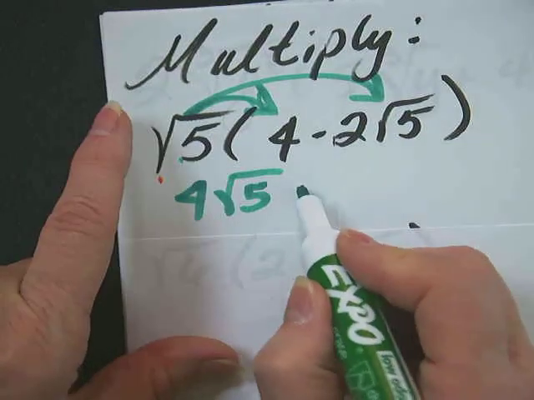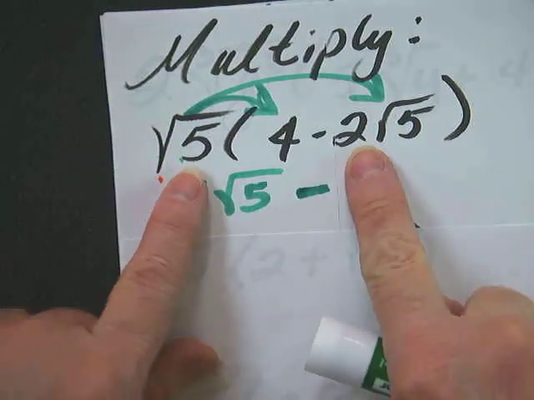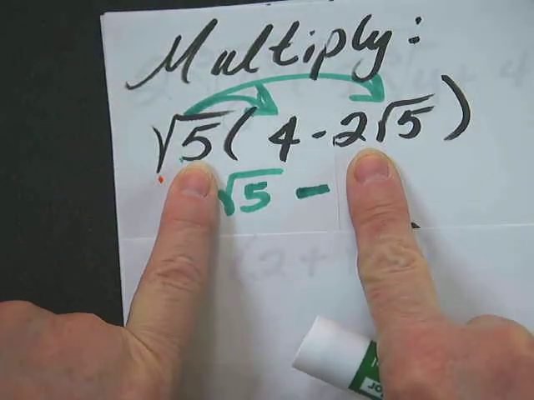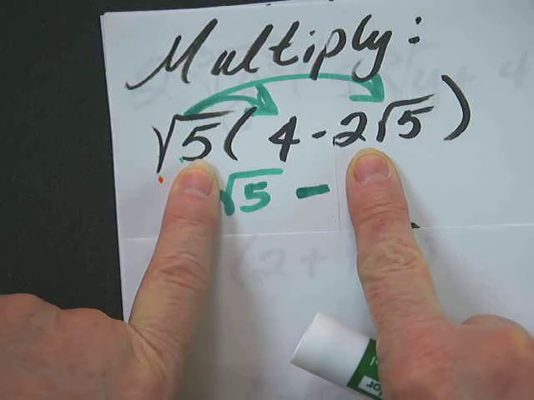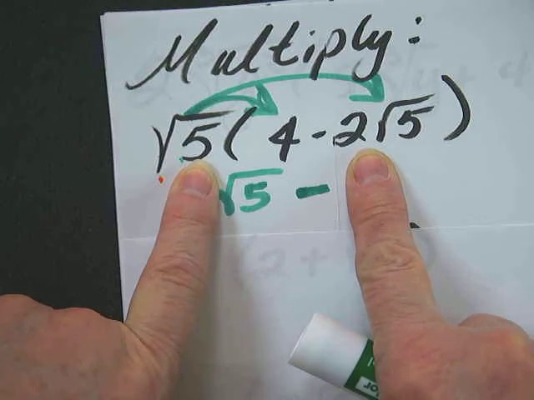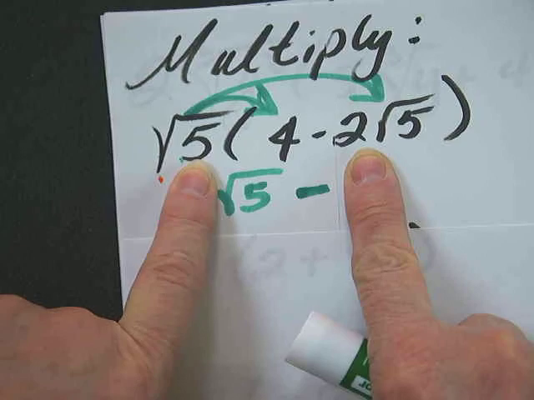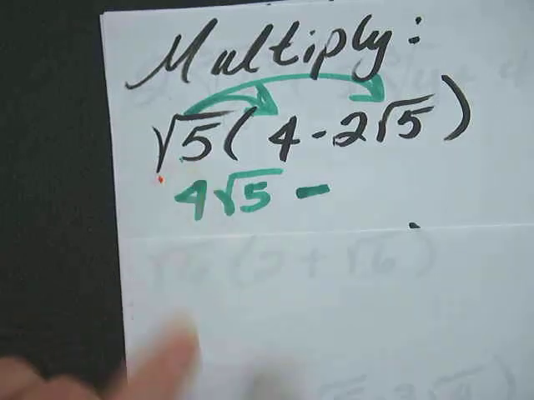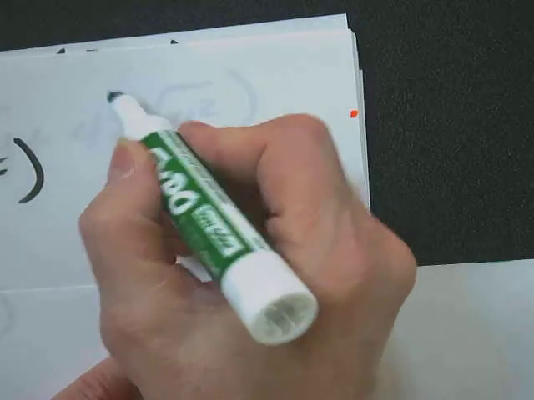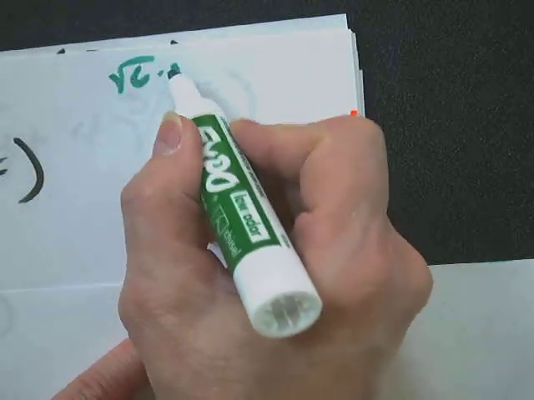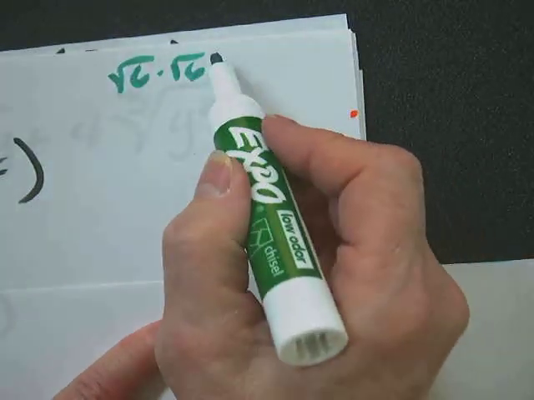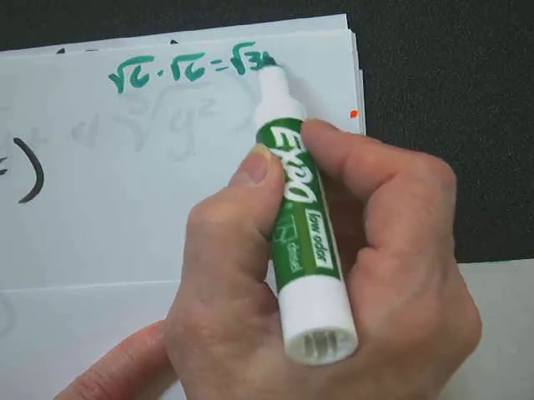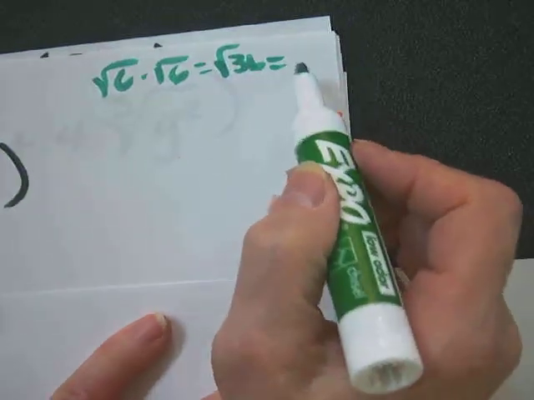You're distributing it through to get rid of parentheses. This times this, put the number in front just like you would have if it was x times 4. Write the radical at the end like you would a variable. 4 square root of 5 minus this times this.